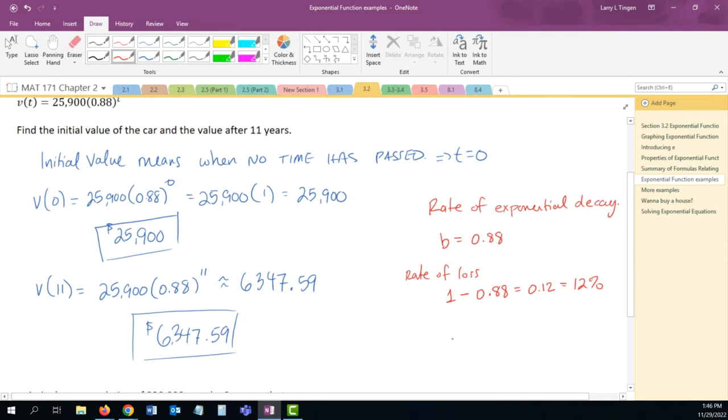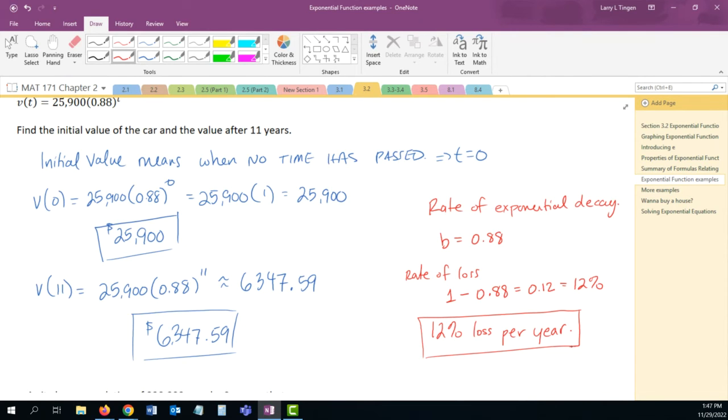So this is what 12% loss per year looks like. It's worth 12% less at the end of the first year than it was when you bought it. At the end of the second year, it's worth 12% less than what it was worth after the first, so it kind of piles on itself.